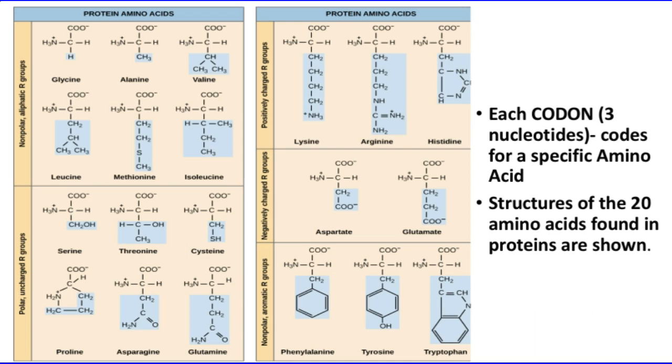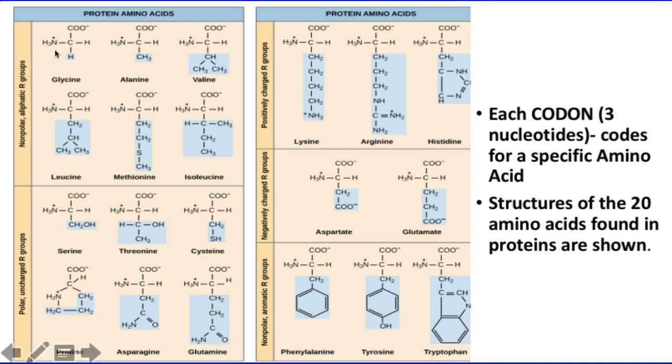So amino acids are monomers of the polymer protein. Also, something to note here is that amino acids are held together by peptide bonds. That's very important to know because peptide bonds are only found in the amino acid chain, in the chain of proteins.